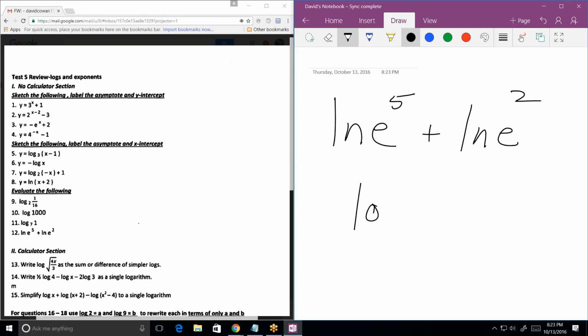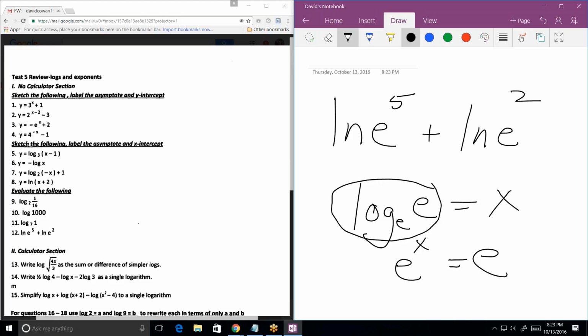We've got the log base e of e. We'll let it be equal to x. So now we've got e to the x equals e. What is x? 1. Yeah.